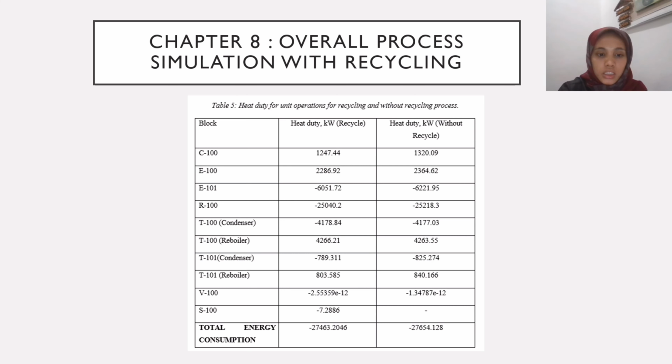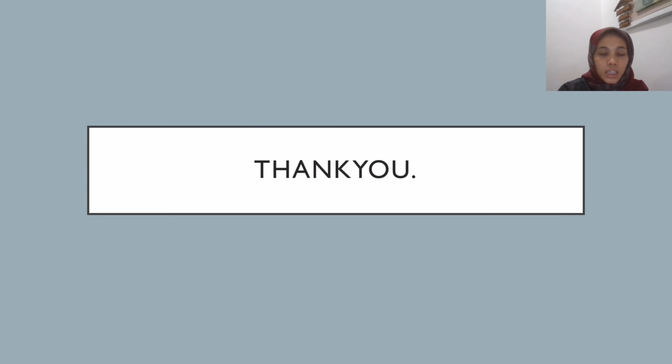The total energy consumption for heat duty with recycle is negative 27,463.2046, while heat duty without recycle is negative 27,654.128. Okay, as a conclusion, the process without recycle stream has lower energy consumption than the process with recycle stream.